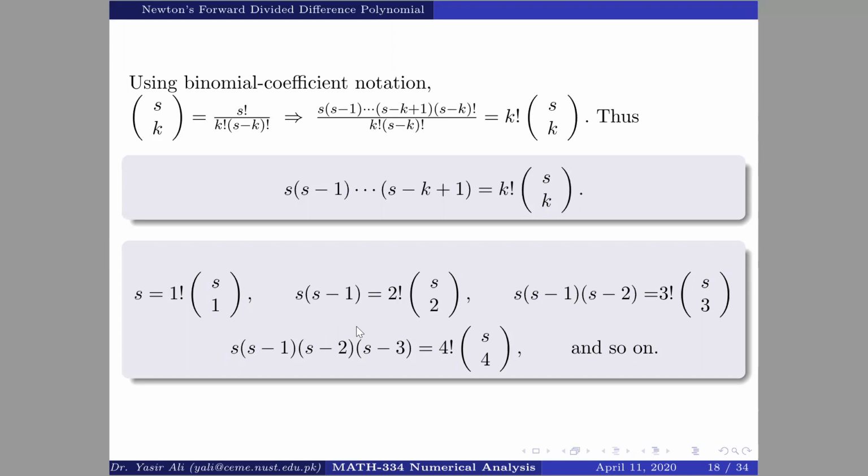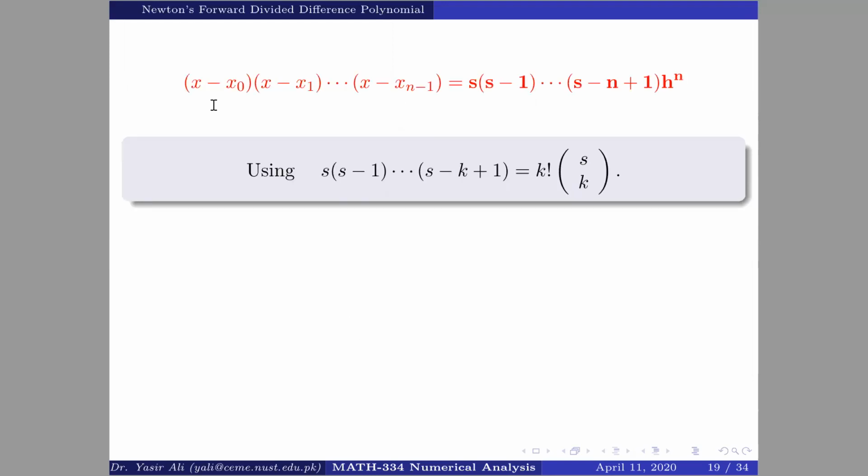So using this, the product term which was appearing in the Newton divided difference may be written as s into s minus 1 into s minus 2 up to s minus n plus 1, h to the power n, and by using the binomial coefficient we can simply write it as k factorial into s C k.